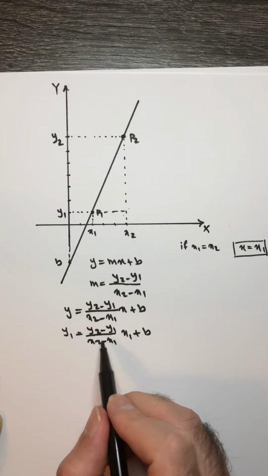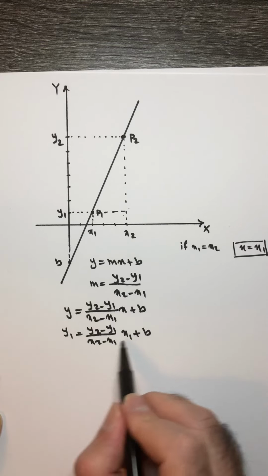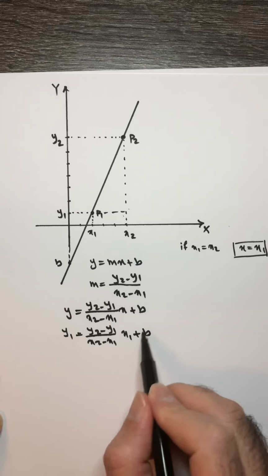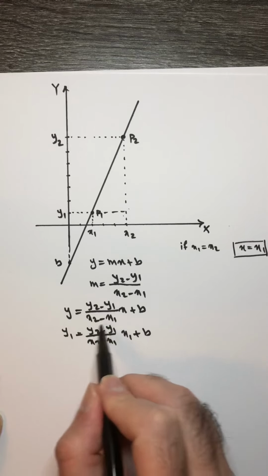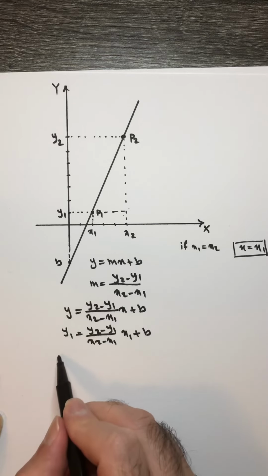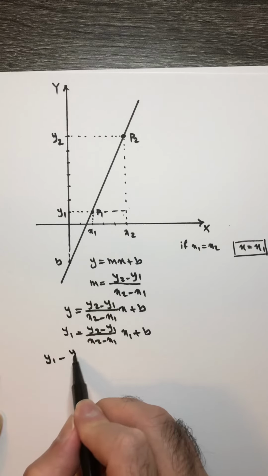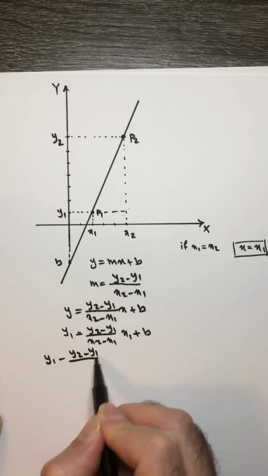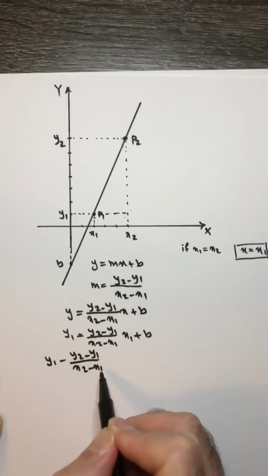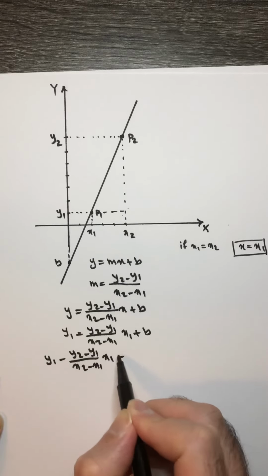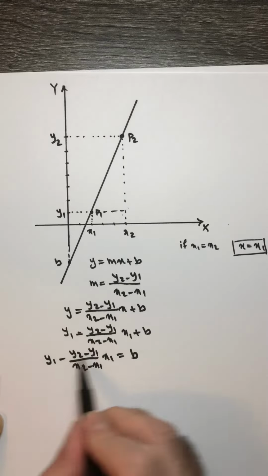So we know these values, we just don't know what b is. If we bring this term to the left, then we have y1 minus y2 minus y1 over x2 minus x1 multiplied by x1 equals b. So b equals this part.